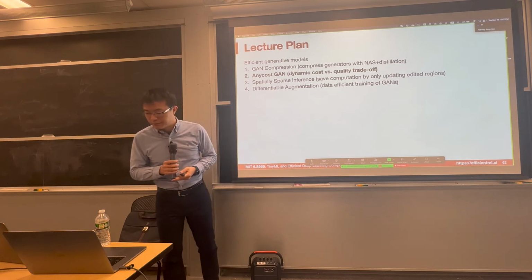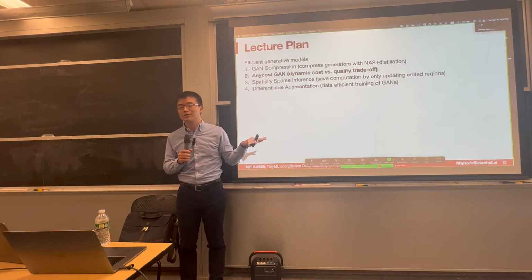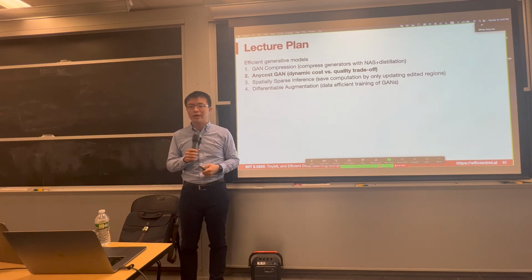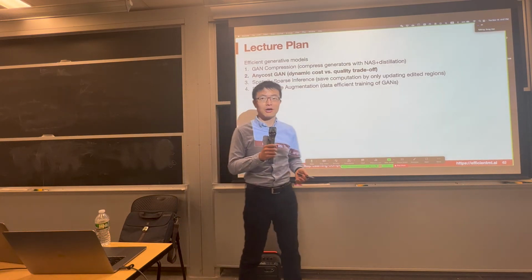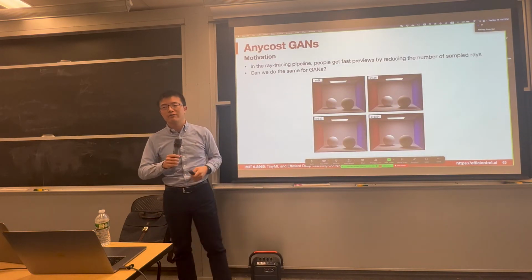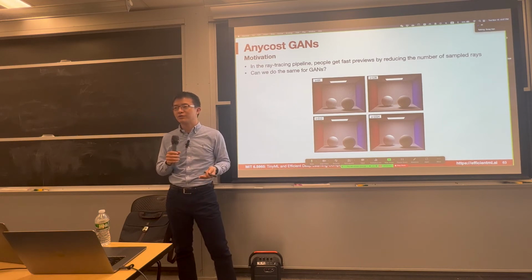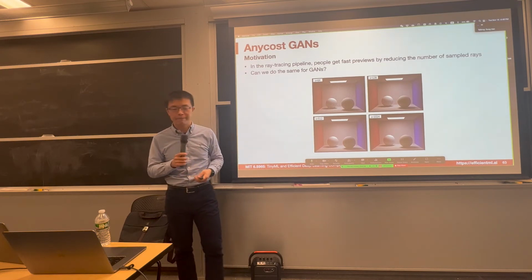Okay, so we have some time to continue to talk about any-cost GAN. Imagine we sometimes want dynamic cost during inference. Can we have a smaller amount of computation and lower quality but faster response speed, versus when we are finalizing the image, we want high quality, although it can be slower?